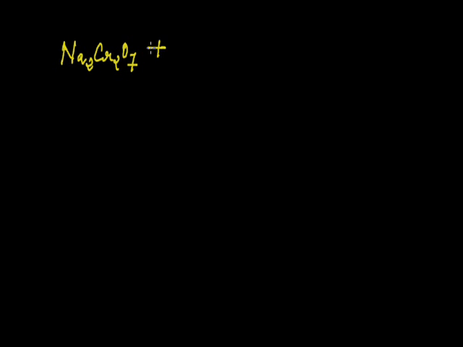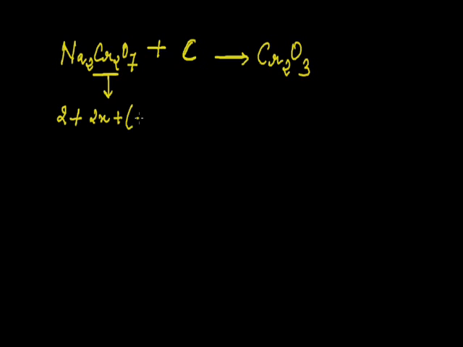Na2Cr2O7, when it reacts further with carbon, here carbon acts as a reducing agent. So what will happen? Here the chromium gets reduced into Cr2O3. If we find the oxidation state of chromium in Na2Cr2O7, the oxidation state of sodium is 1, 2 atoms are given, so it will be 2 plus 2x, plus the oxidation state of oxygen is -2, 7 atoms are given, so it will be -14, and we equate it with 0.